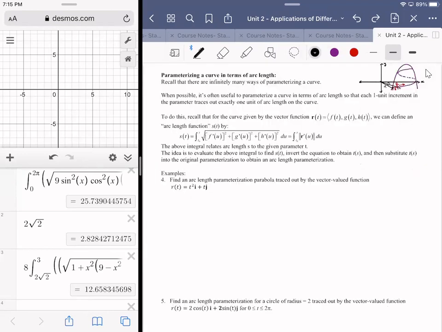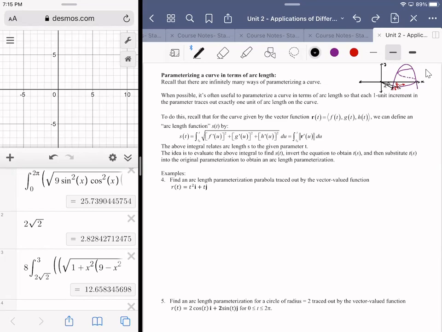All right, so we got the little blurb here. Recall that there are infinitely many ways of parameterizing a curve. I always, when I throw the recalls in there, that's my way of saying I may or may not have actually said that. So this is my way of kind of sneaking it in. I think I mentioned that. I hope I mentioned it.